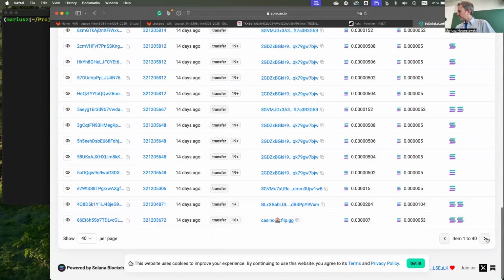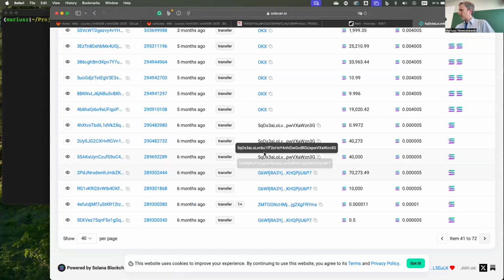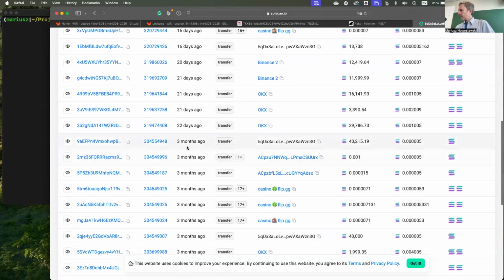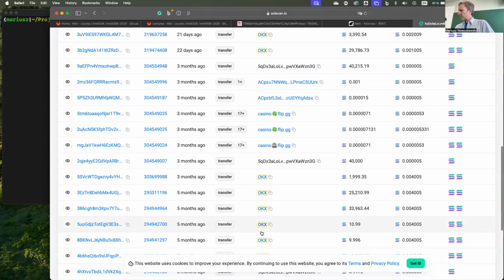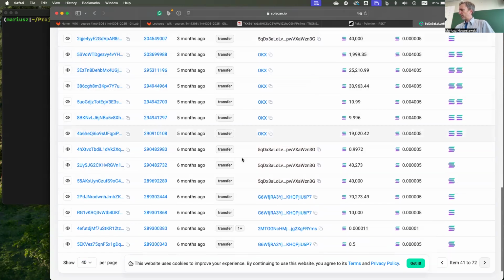Yeah, that's not big enough because the previous transfer was 16 days ago. So here we go and we have 3 months ago, and then we have some money coming from an exchange. OKX is an exchange. So the money into that account was flowing from OKX.